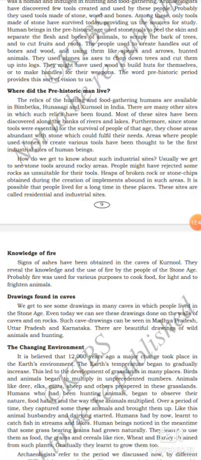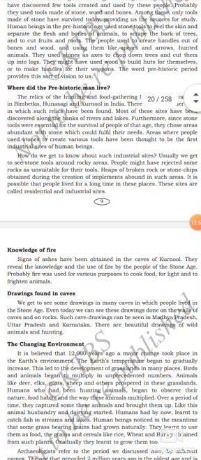People might have rejected some rocks as unsuitable for their tools. Heaps of broken rocks or stone chips obtained during the creation of implements abound in such areas. It is possible that people lived for a long time in these places. These sites are called residential and industrial sites.